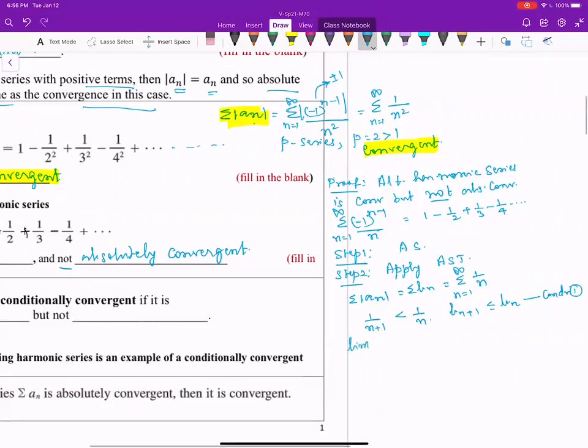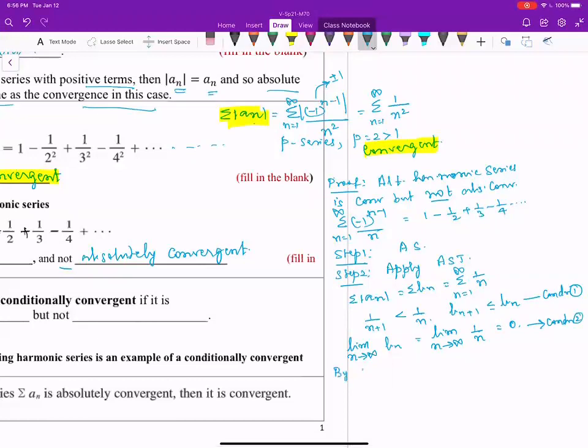Then the limit as n approaches infinity of b_n is the limit as n approaches infinity of 1 over n, which is equal to 0, which is condition 2. Both are satisfied.